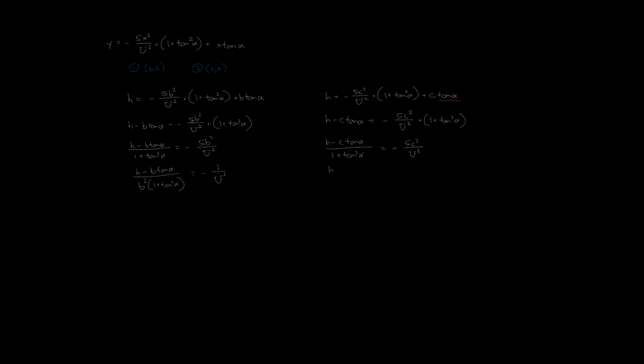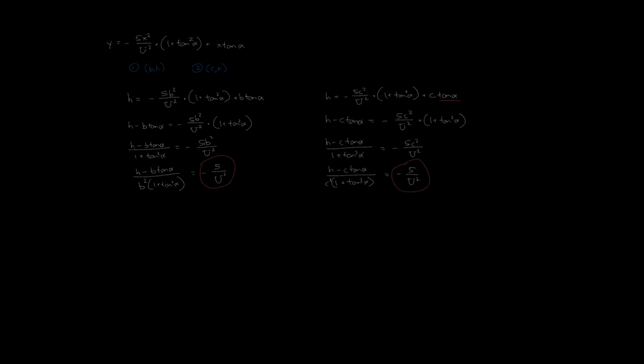So h minus c tan alpha over c squared times 1 plus tan squared alpha is equal to negative 5 over u squared. I just realized that I forgot to put in the 5 on this side. I can't forget the 5. So now we can see that this and this are the same.